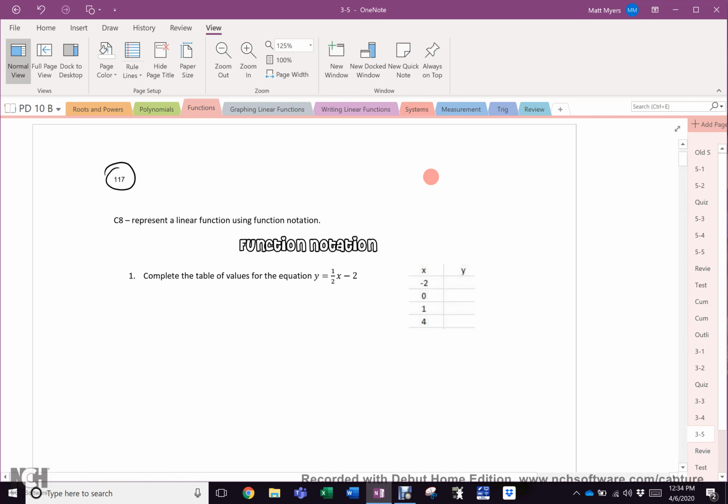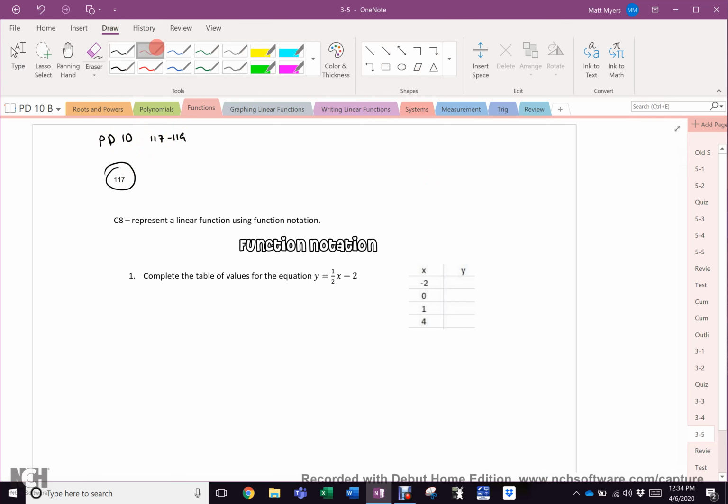Okay, grade 10s, I'm going to do this a little bit strangely. Because this unit is exactly the same for both Pre-Dip and FOM 10, I'm just going to do one video. So for Pre-Dip 10, in your books, I can't remember what color your book is, this is the Pre-Dip 10 book, pages 117 to 109.